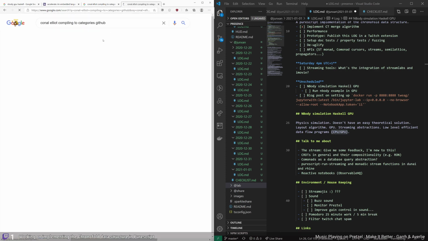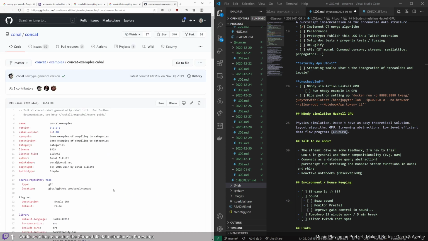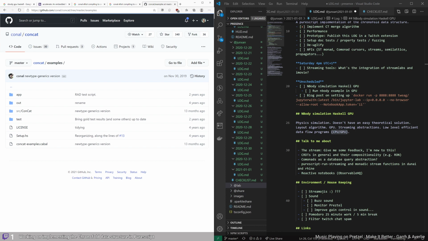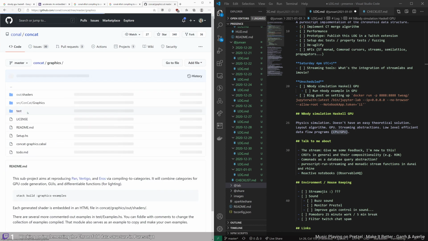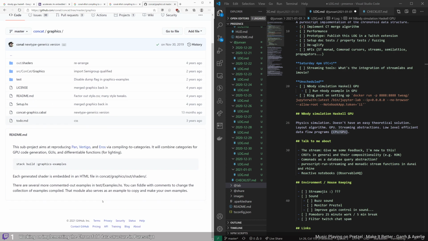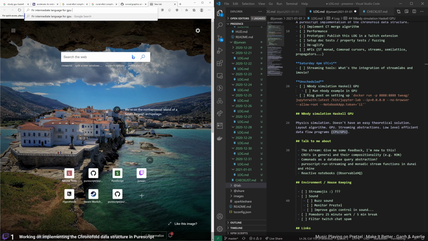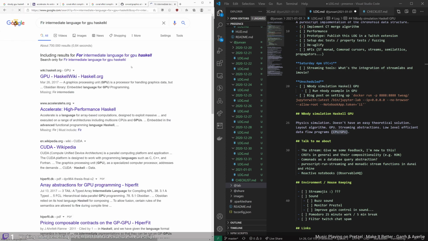And it'll be really interesting to think about whether we could even think about such a thing as compiling to categories and NBody physics simulation with this tooling. I have no idea. GPU code generation, right? And then there's this other thing, FEAR, an intermediate language for GPU programming in Haskell. So that's also adjacent to it.